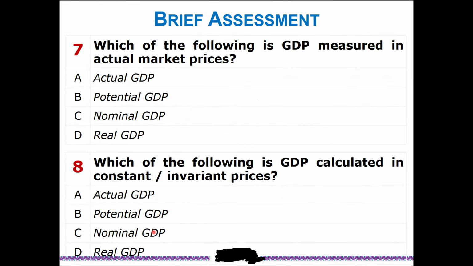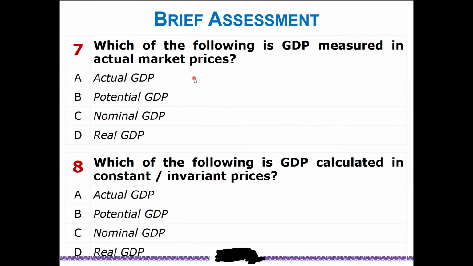And then, which of the following is GDP measured in actual market prices? Sorry, this one is GDP at market prices, which can also be called nominal GDP, or GDP at current prices. Oh, I've already given you guys the answer. The answer is C, because when we calculate nominal GDP, we use the market prices or current prices.